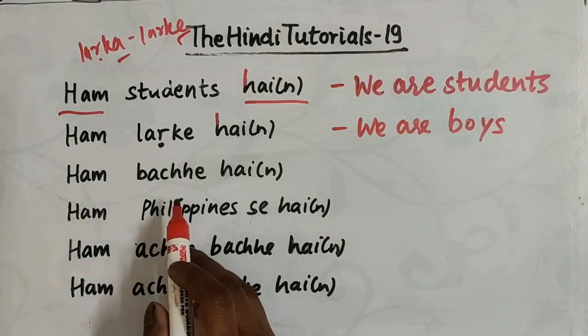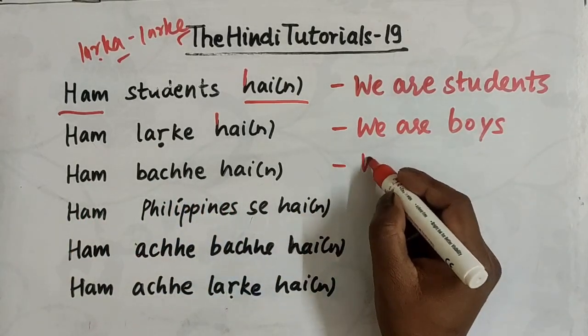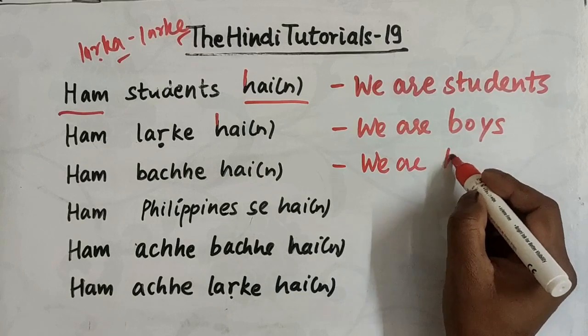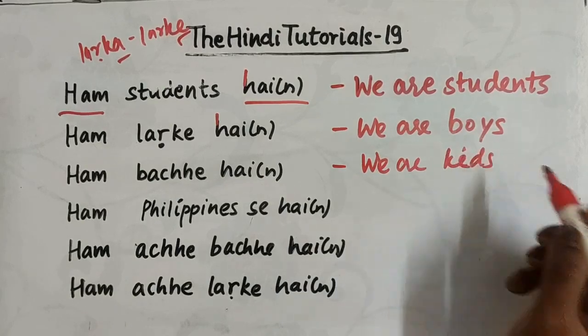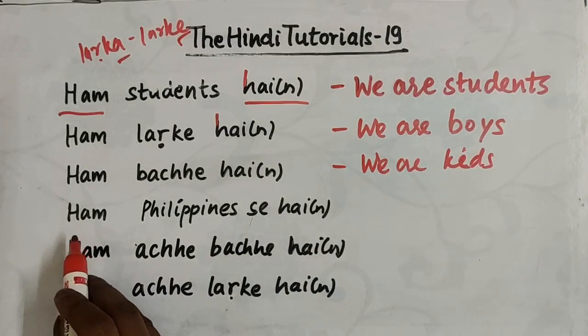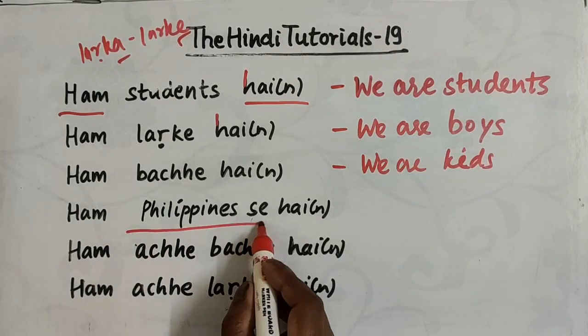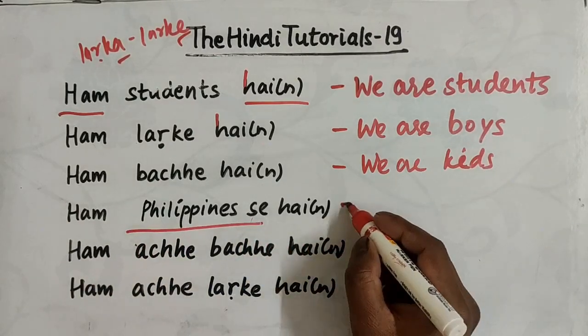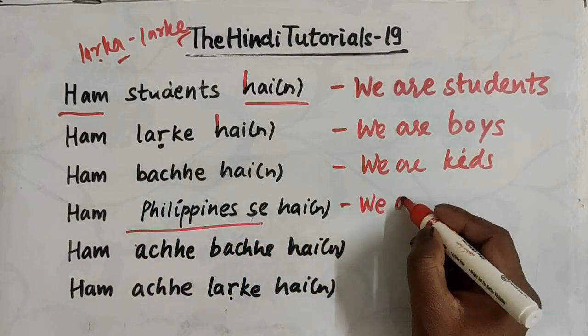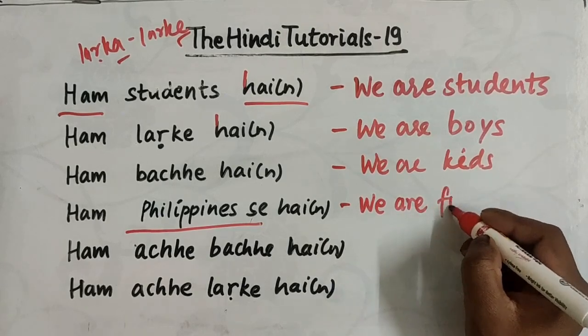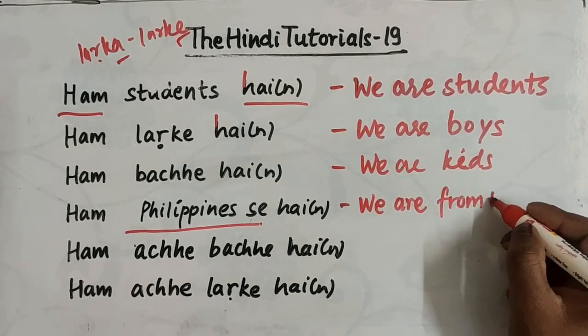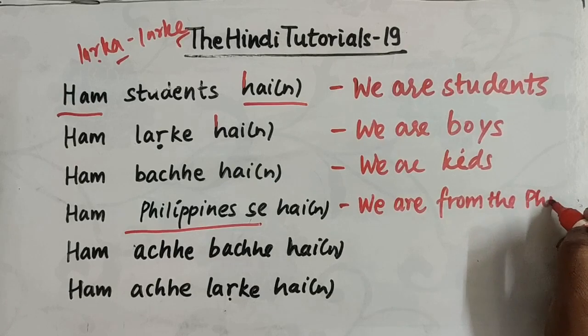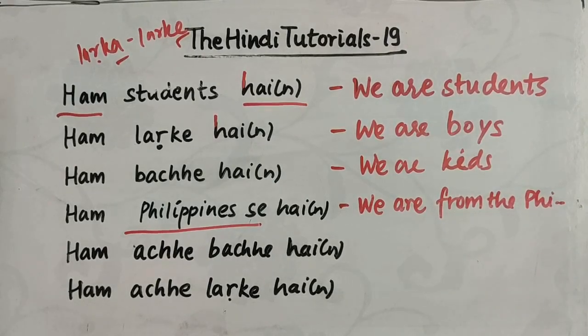Hum bacche hain, we are kids. हम फिलीपींस से हैं, we are from the Philippines. ठीक है?